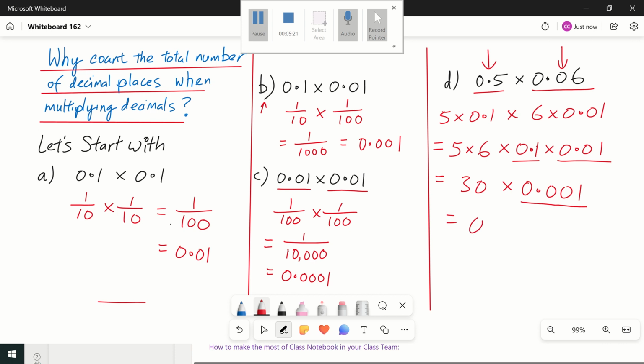And that gives us 0.030. And you can see straight away, the answer has 3 decimal places, which is the same as the total number of decimal places in 0.5 and 0.06.